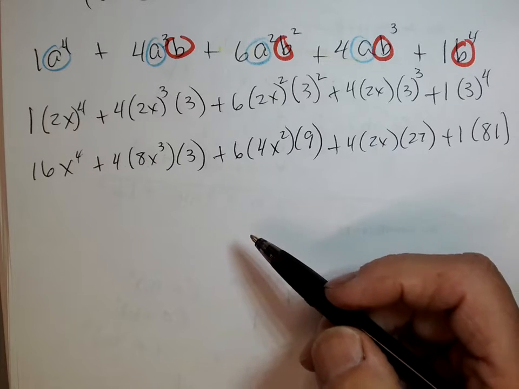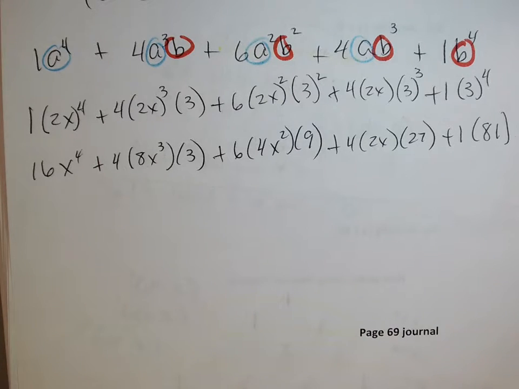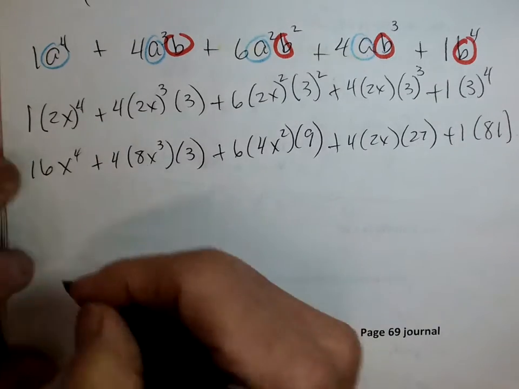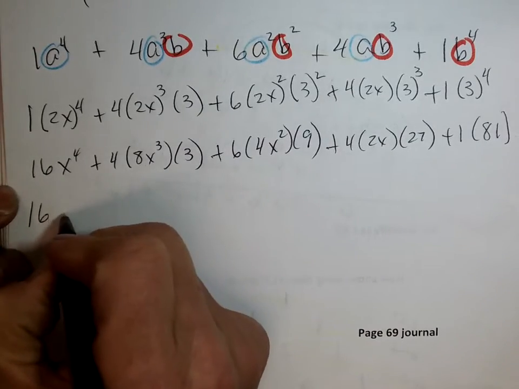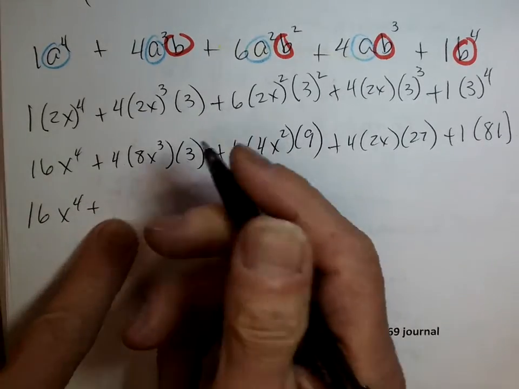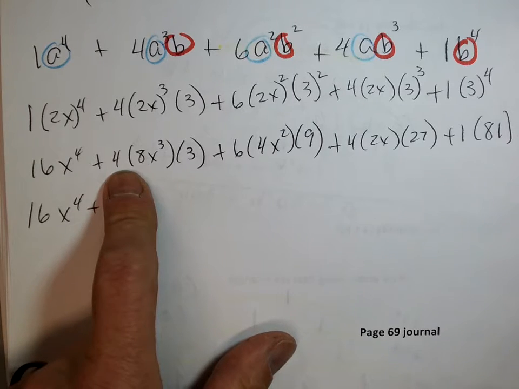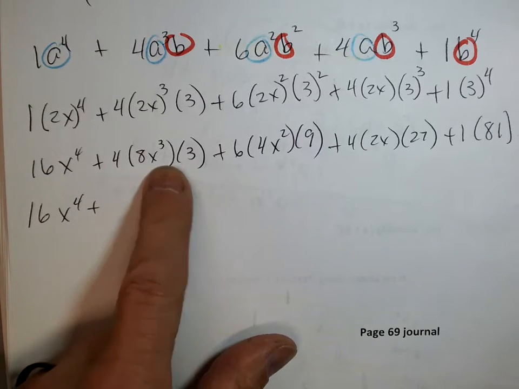Thumbs up. Now it's just a matter of letting the calculator do the multiplication for me. So I'm going to have an answer of 16x to the 4th plus 4 times 8 times 3.